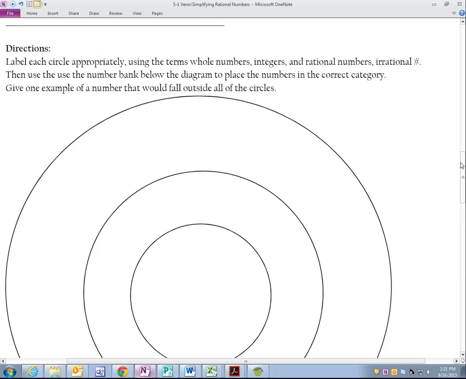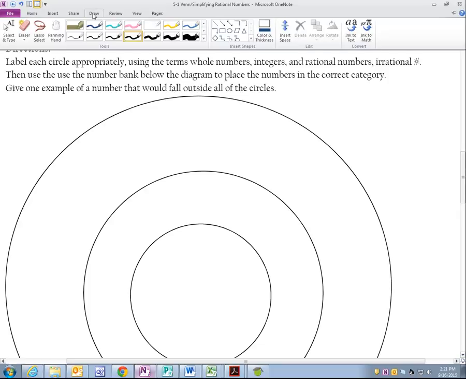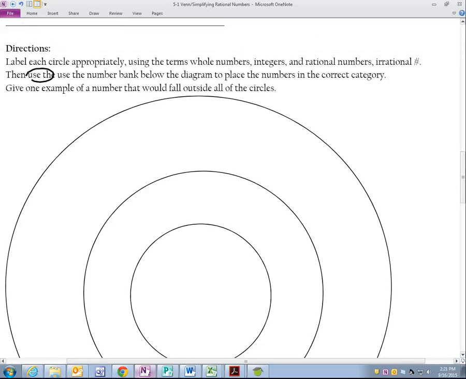Then use the number bank below the diagram to place the numbers in the correct category. Give one example of a number that will fall outside of all the numbers.